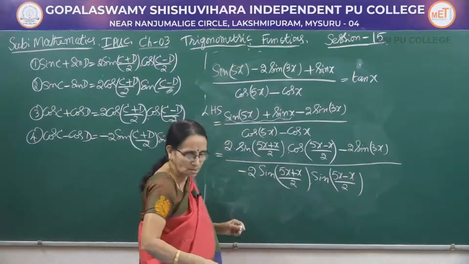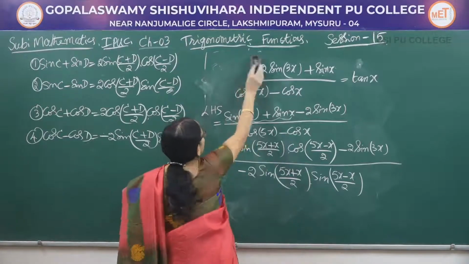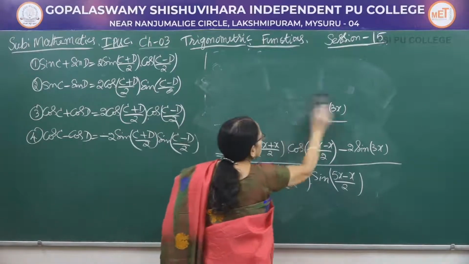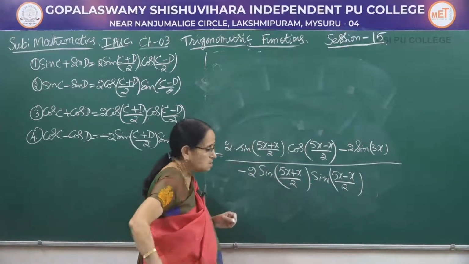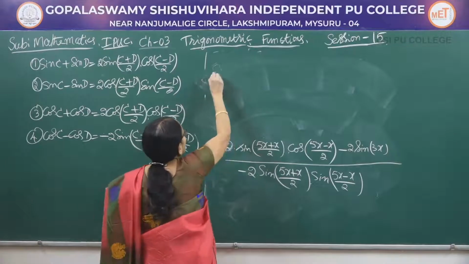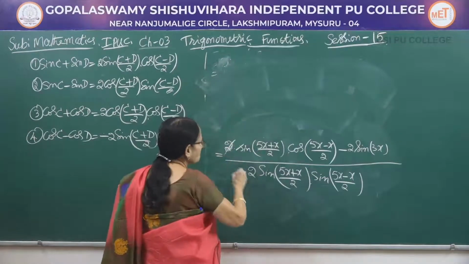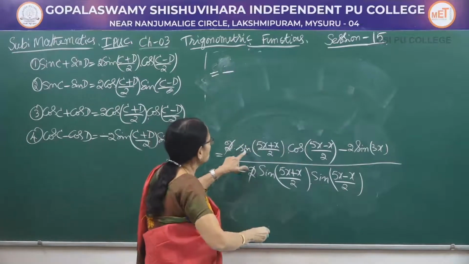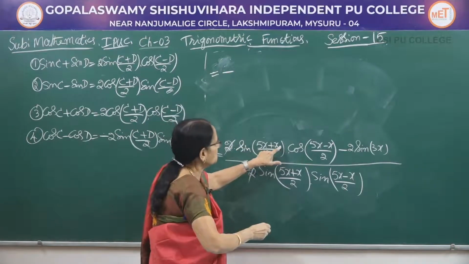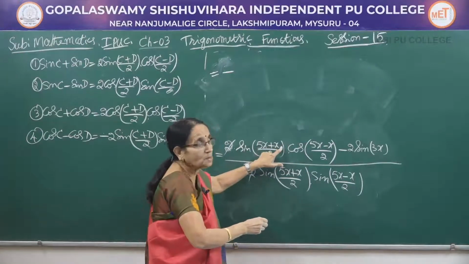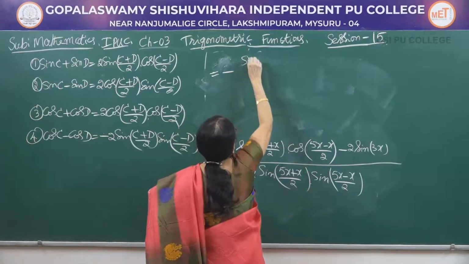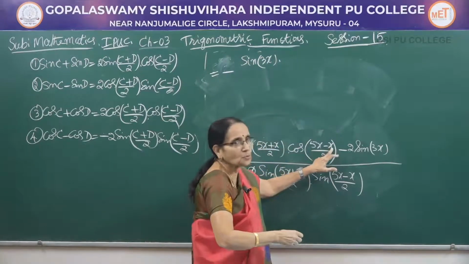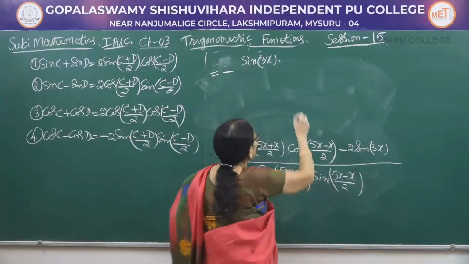Now let us simplify and write the next step. Here, you can do the cancellation of the number. So write the minus sign first here. Look at this one. It is 5x plus x by 2, 5 plus 1 is 6, by 2, that is 3x. Sin of 3x into 5 minus 1 is 4, 4 by 2, that is 2.